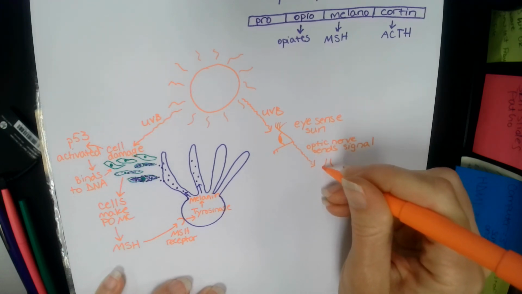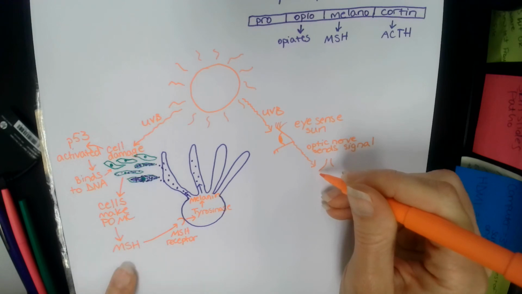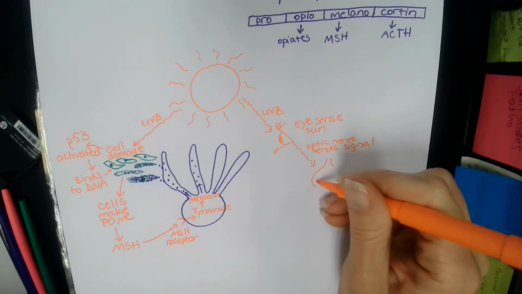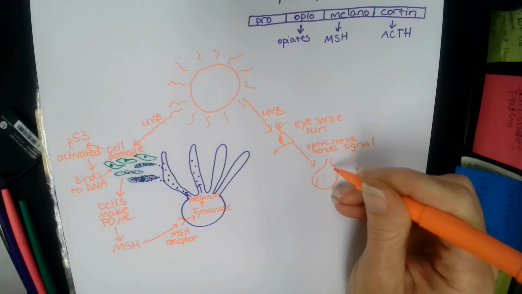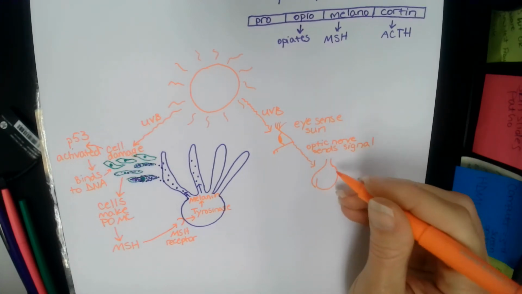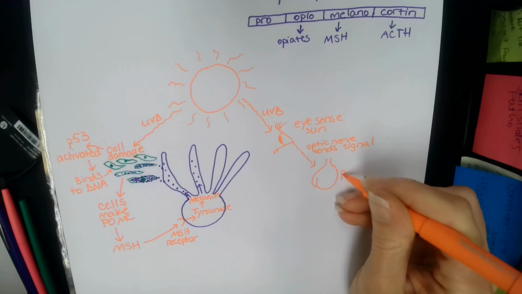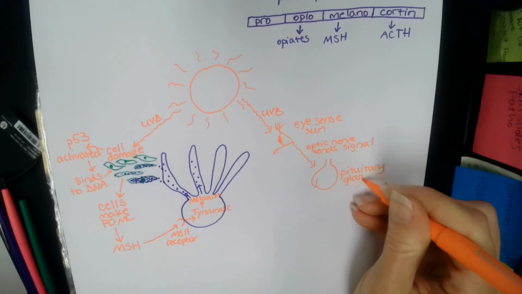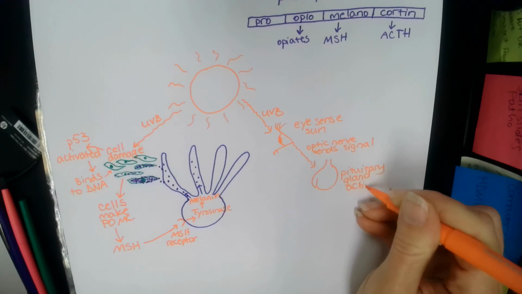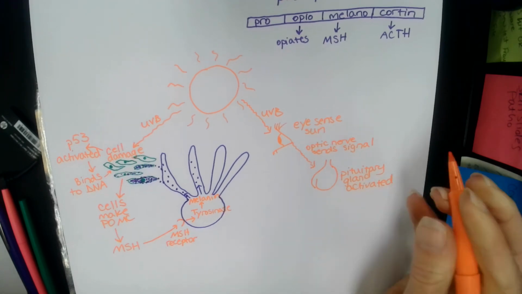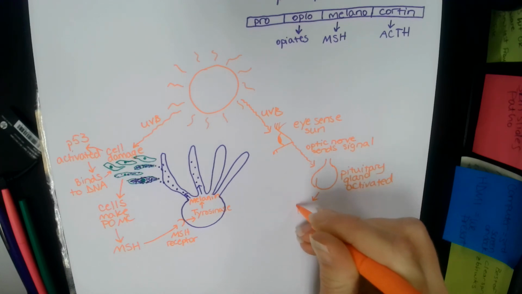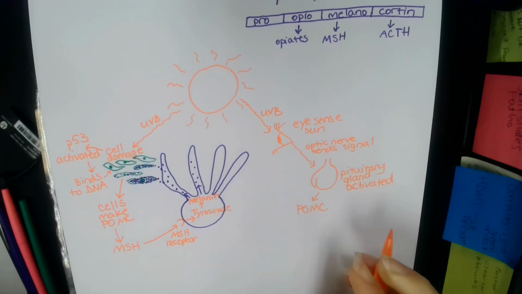But the one we're going to talk about is one that we mentioned right over here. So you have your pituitary. It kind of looks like this, with anterior and posterior. And the pituitary gland is activated, and it begins to produce and make pro-opiomelanocortin.